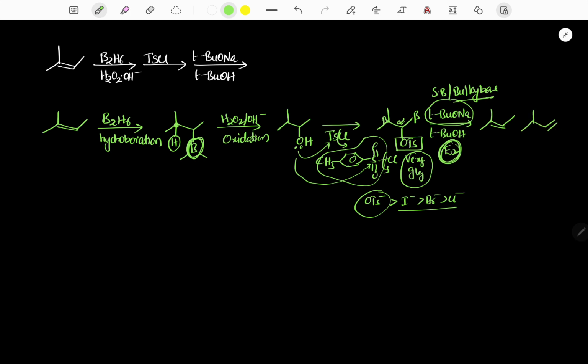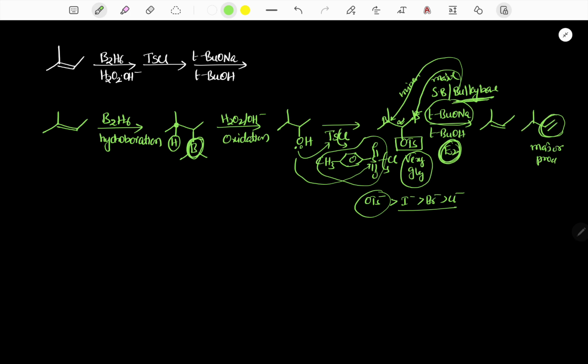But since it is a bulky base, the less stable alkene will be the major product, because the bulky base can approach the less sterically hindered carbon easily and take the proton easily, but cannot take the proton at the other position that easily. That's why that one is the minor product and this one is the major product.